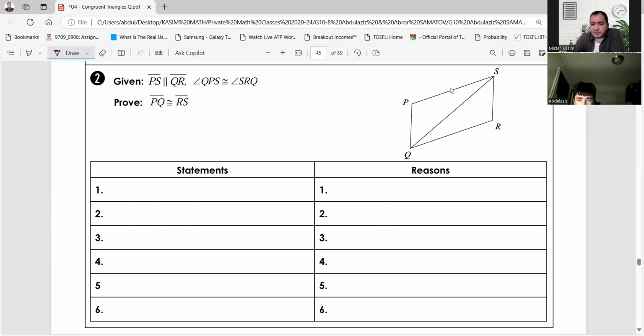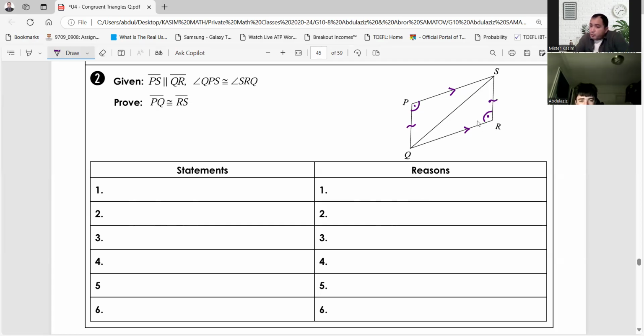PS here. So let me just label this first. PS is parallel to QR. And also it says that angle QPS, this angle, is congruent to angle SRQ, this angle. And now we have to prove that PQ is equal to RS. Where is PQ? Here, I have to prove that this PQ is equal to RS.